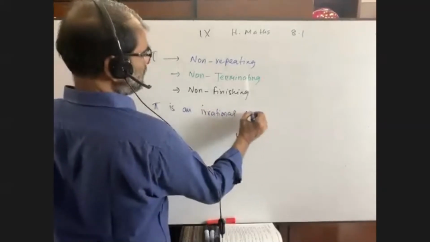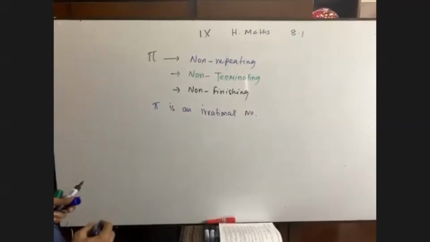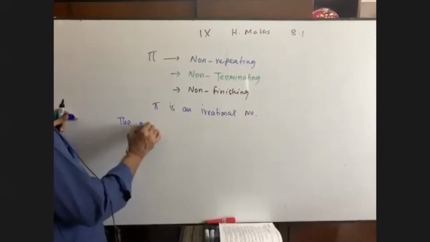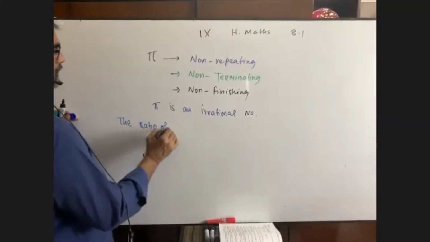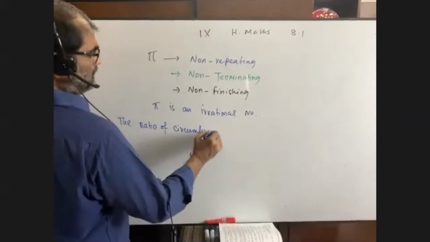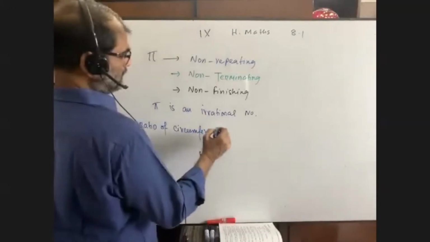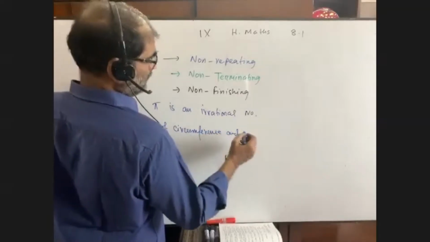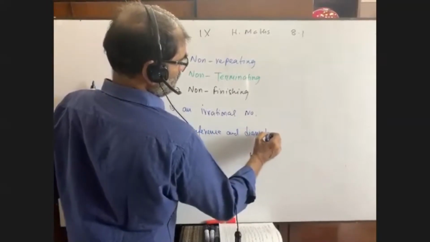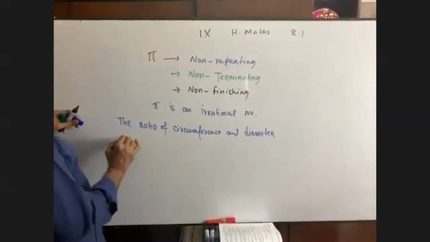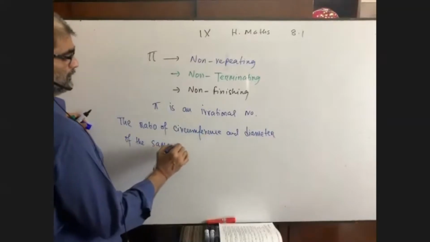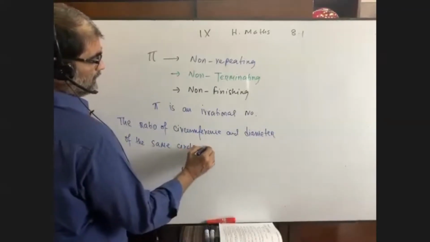Actually, the ratio of circumference and diameter of the same circle is equal to pi.